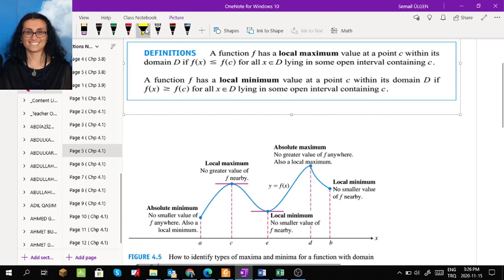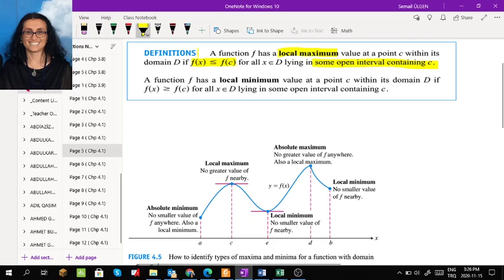So let me highlight that here. Local max means we are looking at this relationship, but in some open interval containing c, not globally. We are not looking at the whole domain; we are looking at just an open interval around c.